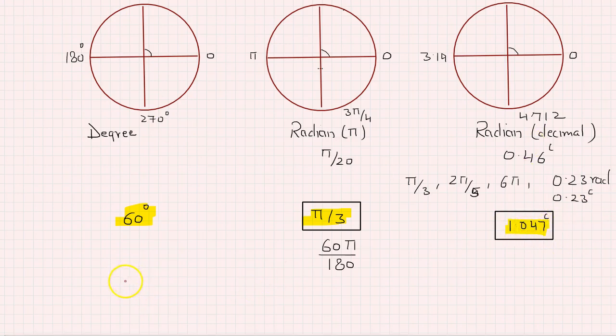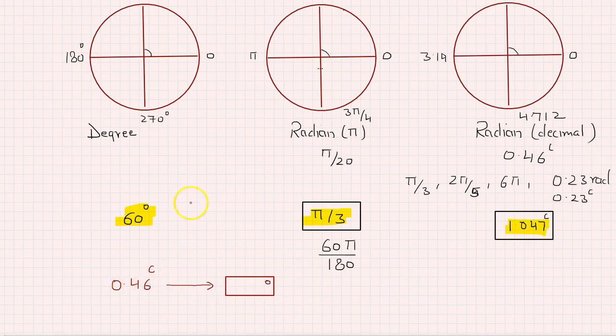If I have to convert a radian into degree, say again I am taking the same question, 0.46, this is a radian. If I have to convert it into degree, then I have to use a calculator.